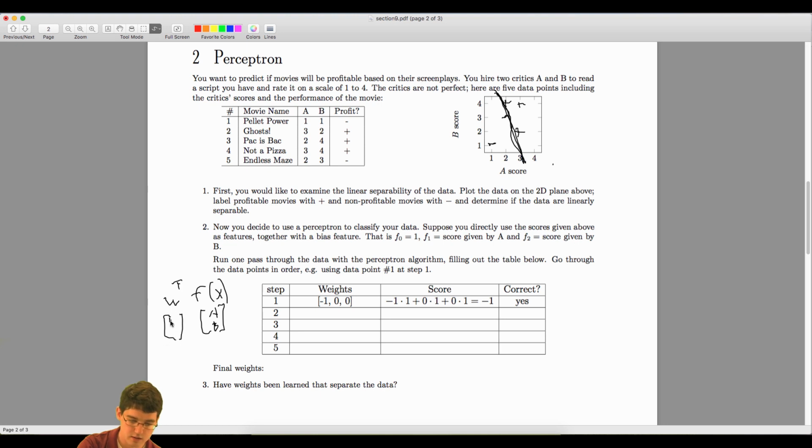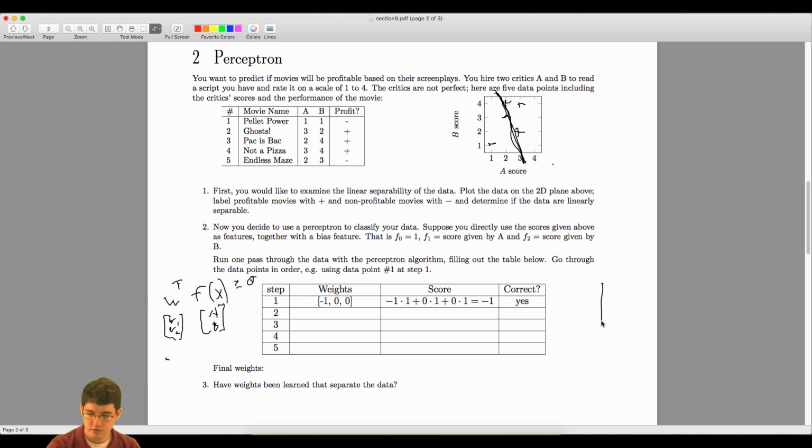I'm going to say W1, W2. And so if we do the dot product, this is written as W transpose F. And so we would do W transpose F, and we'd compare that to 0. We'd say greater than or equal to 0. So this is how we make our classification decision.